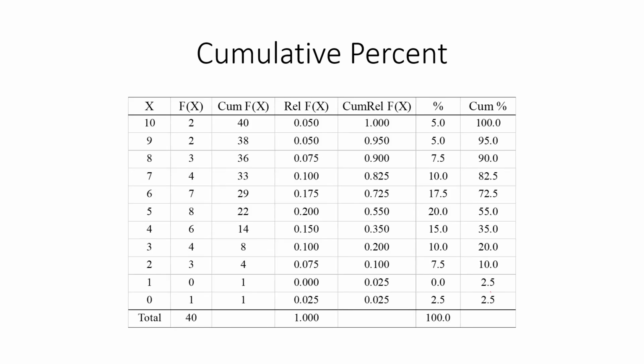So if we look at this down here, 2.5%, that's because that's what's at and below that point. We're still at 2.5% because we added 0 to it. You could do all of these up to get all the way up to the 100% at the top, which again equals this 100% at the bottom. You can also get the cumulative percent by multiplying the cumulative relative frequency by 100. So there's two different ways to get that.